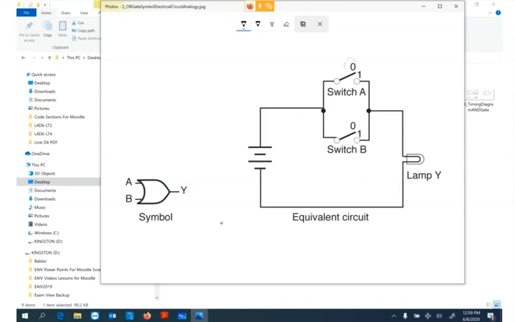Anyways, the 0. Now it's really thick. Fun with technology. The one being that we're going to pass voltage.